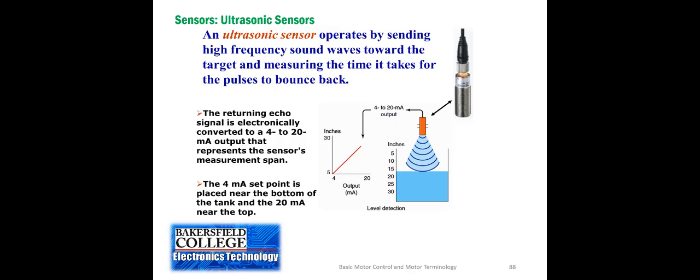So from that, we can actually sense the level of liquid in a tank, or we can sense the presence of an object, maybe the amount of powder that's sitting in a bin. As long as it's a surface that can reflect that sound back, we can measure it.